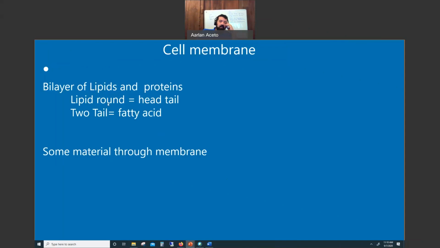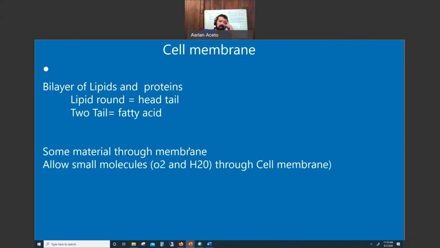Some things are so small they can leak through essentially the pores, for lack of a better word. So water can get through a cell membrane, oxygen can get through a cell membrane, but in some cases you have something so big it doesn't fit through there, and so they have special channels that will let certain things in and certain things out.